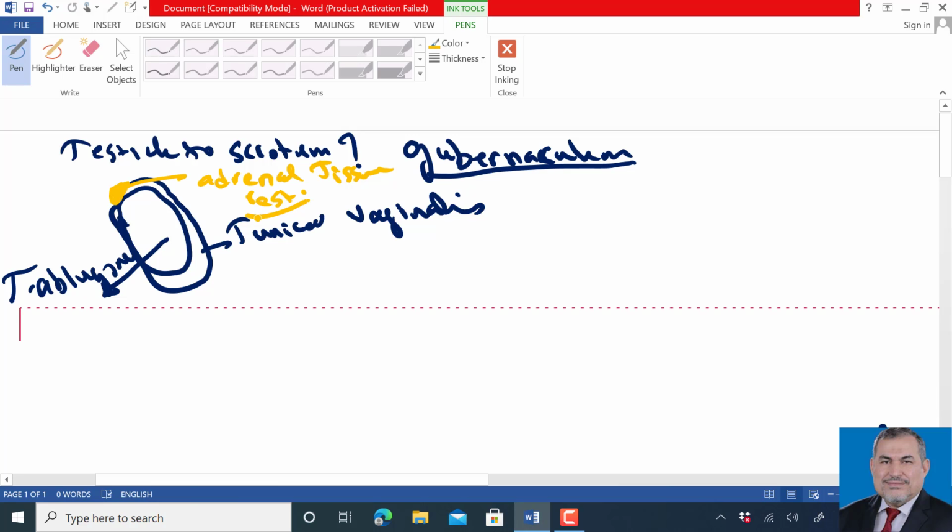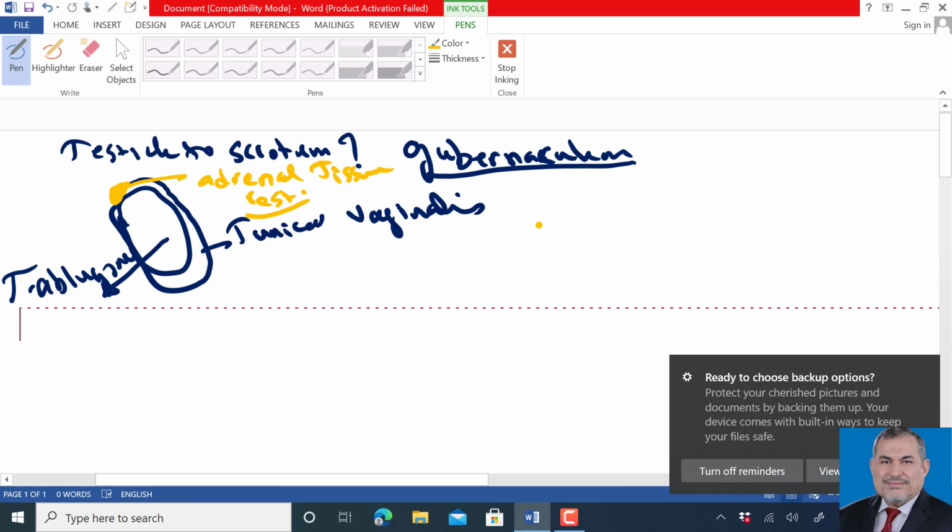Okay. What's the most common organ in inguinal hernia in men? Most common organ is small bowel.